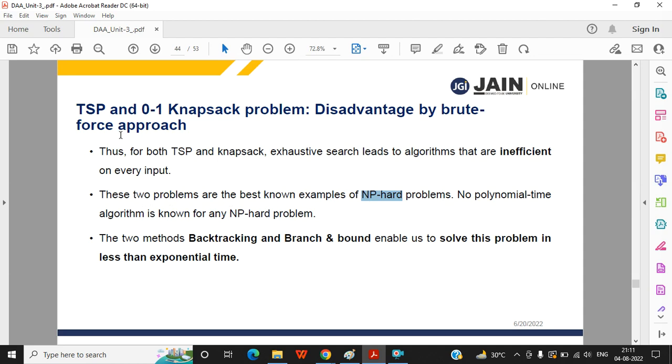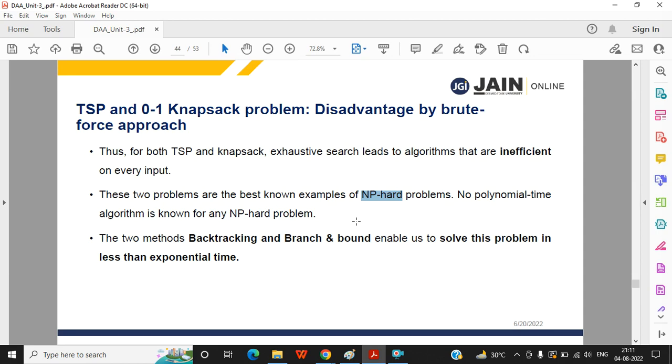So what they are trying to mention here is that this knapsack problem is an NP-hard problem, meaning the time taken by the algorithm cannot be determined straightforwardly. You cannot say that this will be the maximum time the knapsack problem will take, or this will be the minimum time.